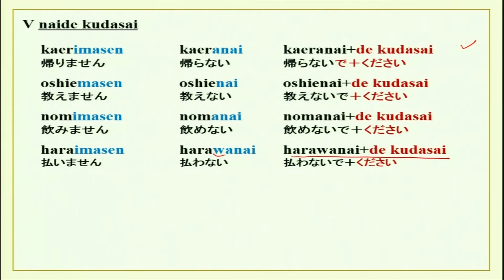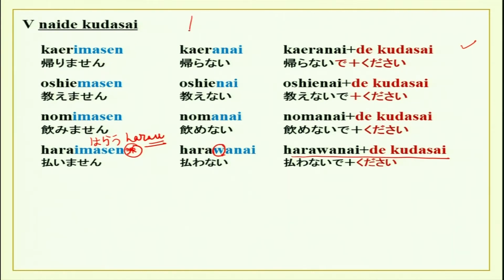Now, why do we have a wa over here? Because this is an exception. Why? Because it has 2 vowels. It is ha, ra, u. You can see 2 vowels. And in negative, for 2 vowels, always wa is there.